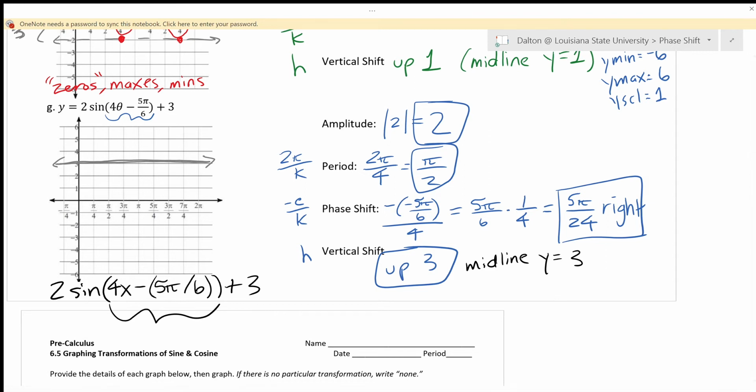So your curve is going to be centered around this horizontal line now. Okay, if the midline's at 3, if the amplitude is at 2, where will our maxes and mins be? 5 and 1. So graph a dotted line at 5 and at 1. So remember, when you graph, I don't really care about any other points other than points that are going to be on these 3 lines.